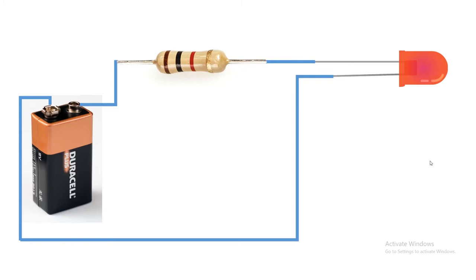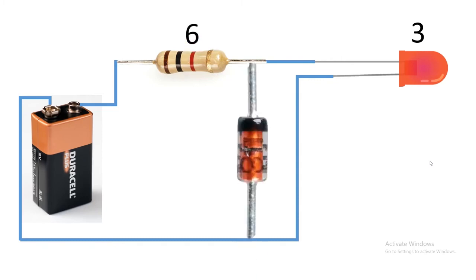To save this LED from damage, we use the Zener diode. You can see here, this LED glows on 3 volt. The extra 6 volt will drop on this resistor. For safety, we are using the Zener diode in this circuit in parallel. So this was the function of the Zener diode.